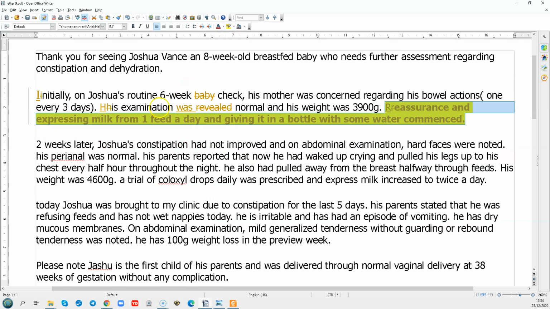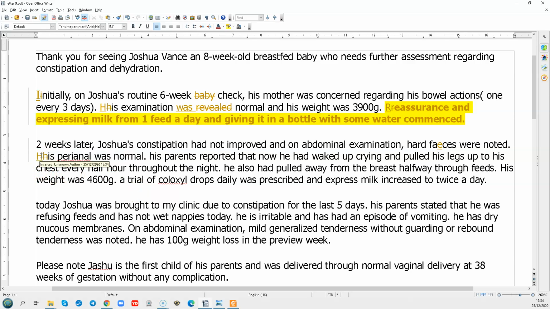Okay, now hard faeces, or is it feces? How do you spell feces? I'm never sure. Is it F-A-E? Okay. 2 weeks later, Joshua's constipation had not improved. Now, why is this a very short sentence? Short, simple sentence. You should join it up to some other sentence.